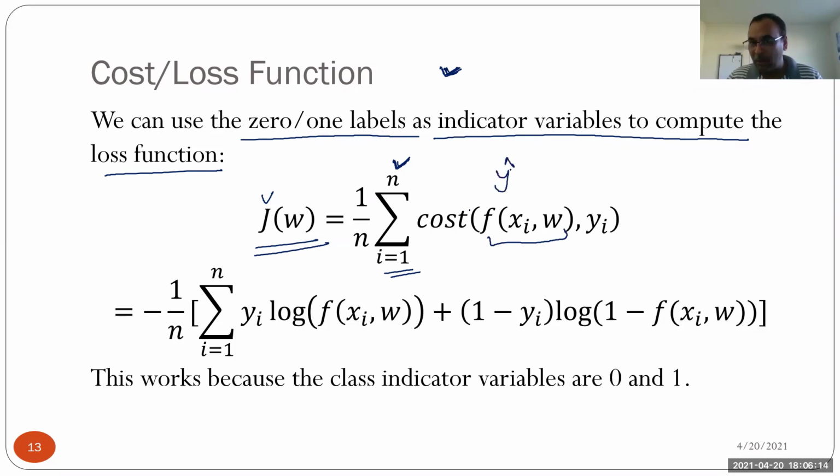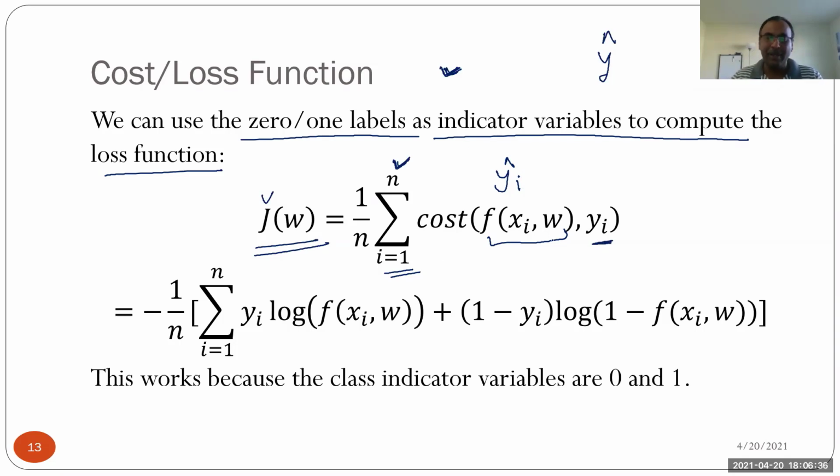Prediction, what you're predicting, y hat. Predictions are usually denoted by a hat. So f(xi, w) means what your model is learning, what our linear regression is learning. So the cost is associated with what is being predicted and what is the reality yi.